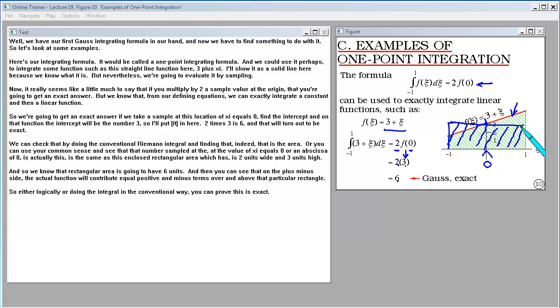And then you can see that on the plus minus side the actual function will contribute equal positive and minus terms over and above that particular rectangle. So either logically or doing the integral in the conventional way, you can prove that this is exact.